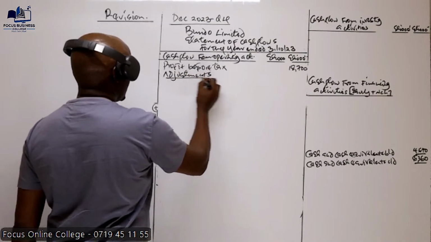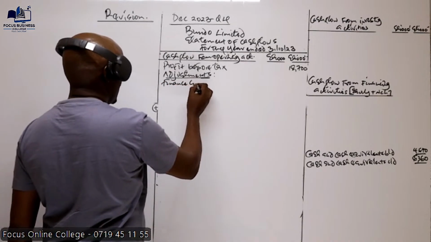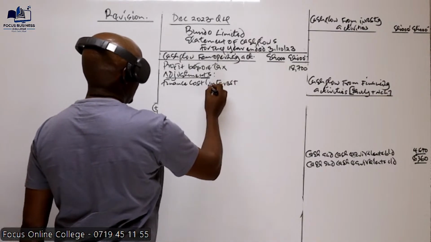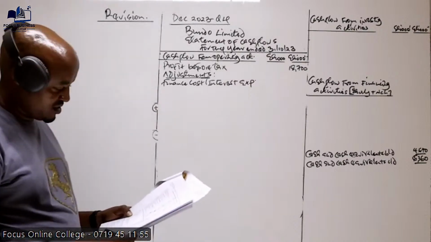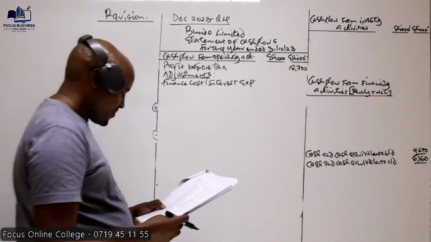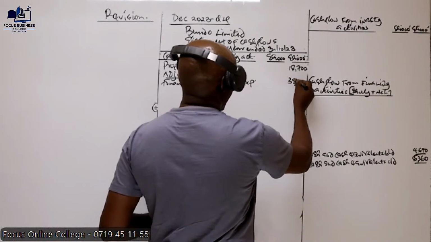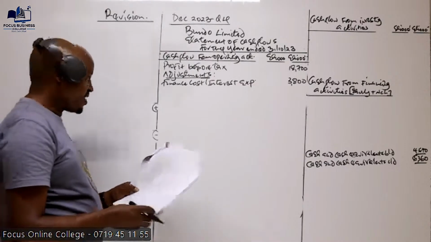The first adjustment is to add back the finance cost, or the interest expense, which is just above that profit. How much is the finance cost from the income statement? The finance cost is 3,800. I hope you can see that from the income statement.